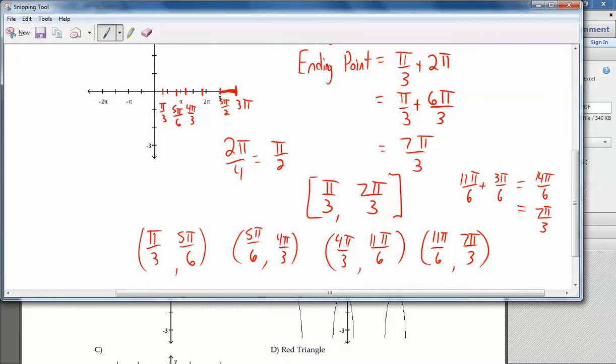About right here, that's going to be 11 pi over 6. 7 pi over 3 is 2 1/3 pi, so it's a little bit bigger than 2 pi. So it's probably about right here. And of course all this is just estimated, so my graph might not look exactly like the one that I choose, but it'll be pretty close.